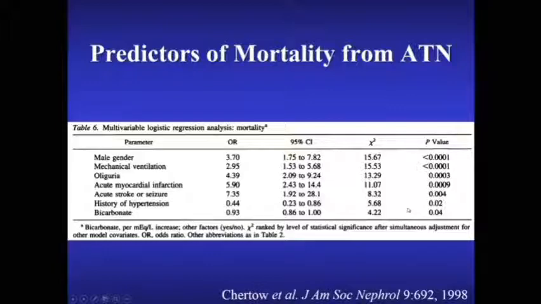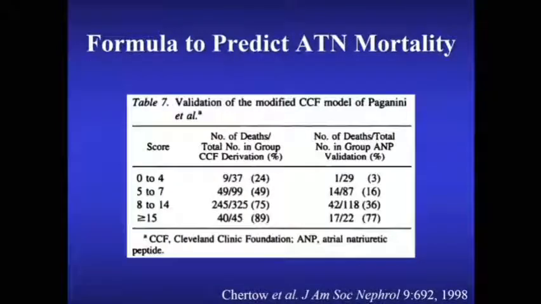And when these investigators took this formula for predicting and applied it to another patient population, it tended to predict pretty well there too. So this is increasing score as you go from top to bottom, and these are mortality rates in two different populations.